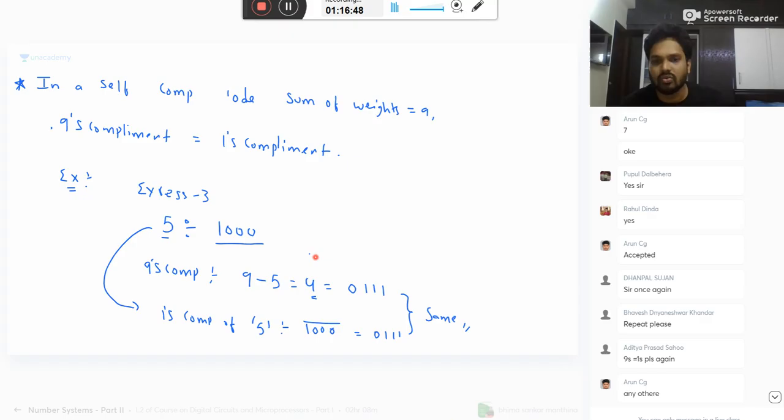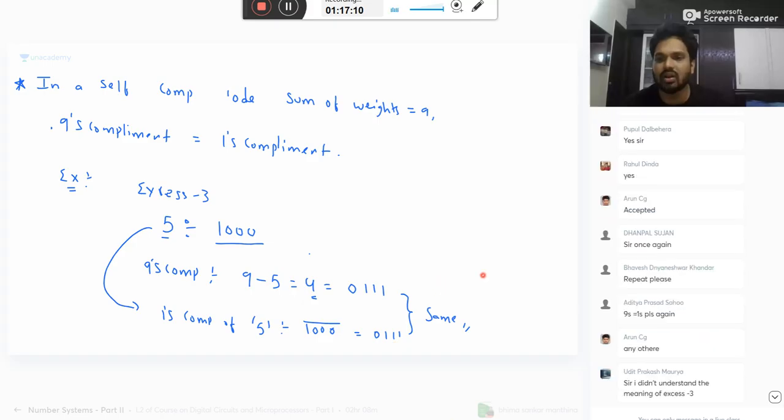What is 4 in excess 3? We are speaking in excess 3 only. It is 0111. Next, directly take the complement of 1000, it is 0111 only. So if you take the 9's complement or the 1's complement, your answer is the same, and then it is called self-complementary.